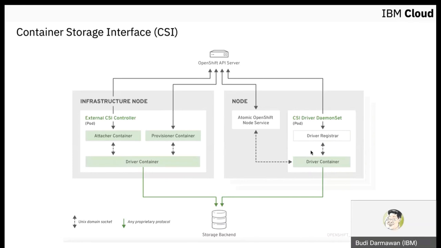The difference is in how Kubernetes treats the CSI. The CSI runs as a plugin on the Kubernetes cluster, while non-CSI storage is in the base Kubernetes code so it doesn't need a driver daemon set.